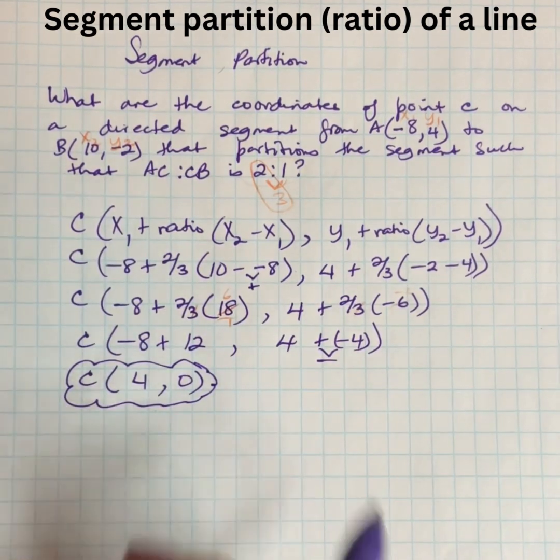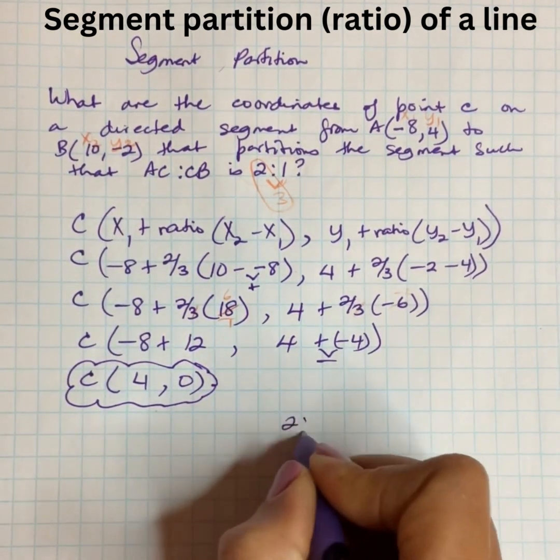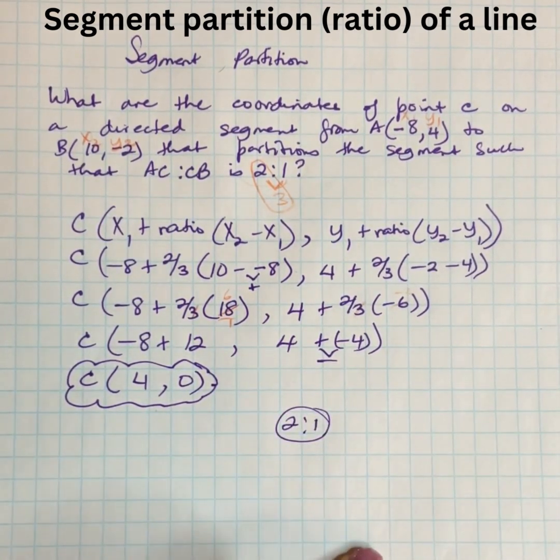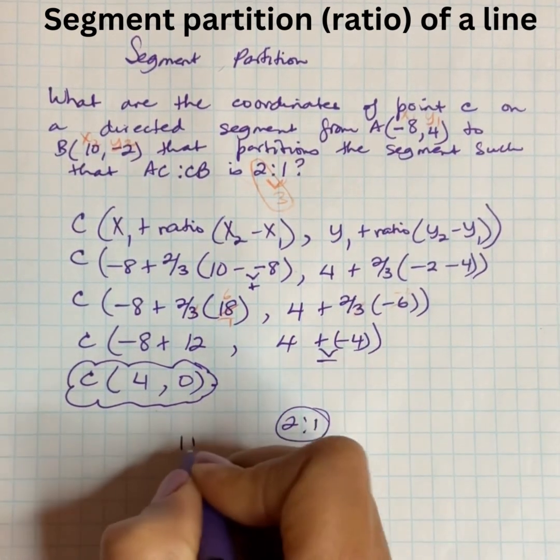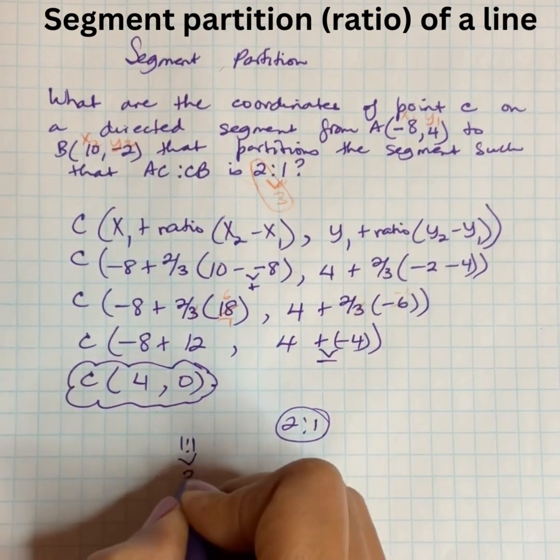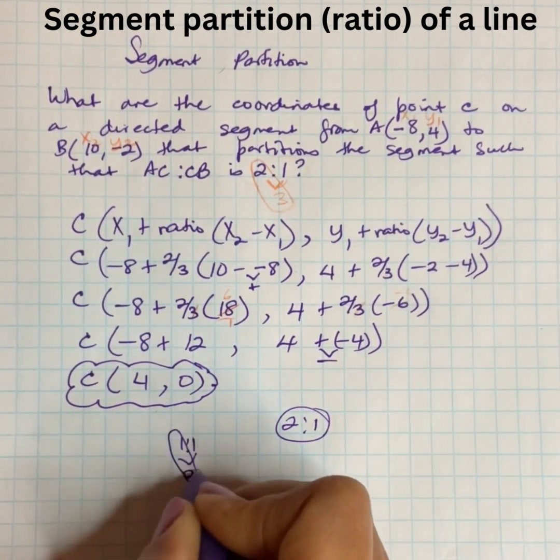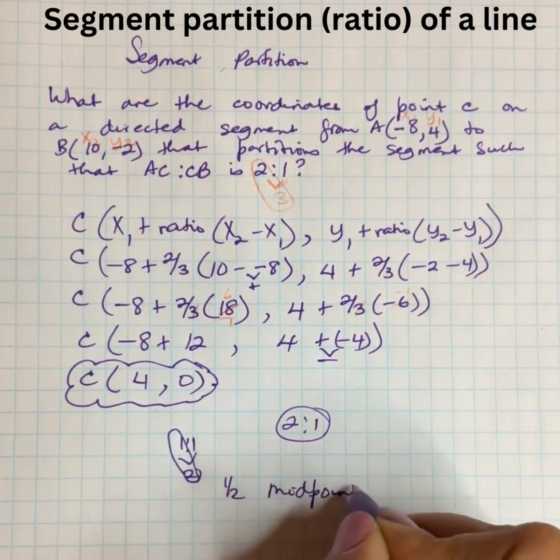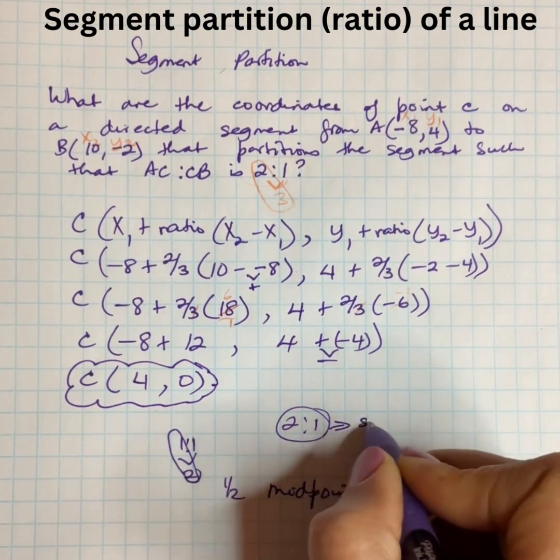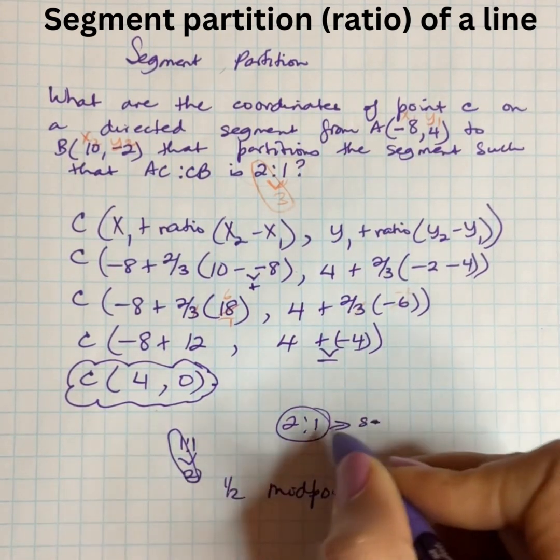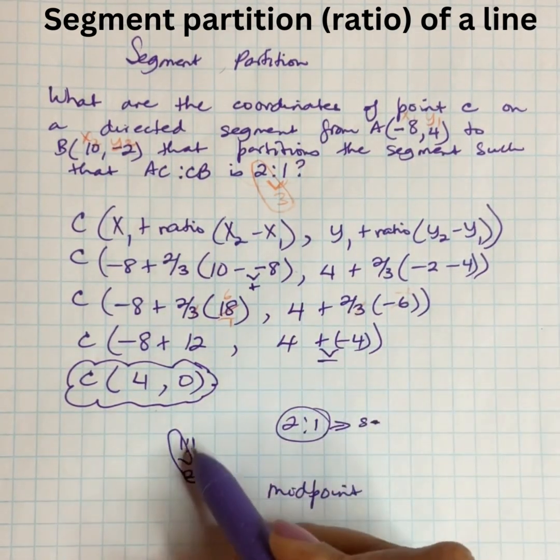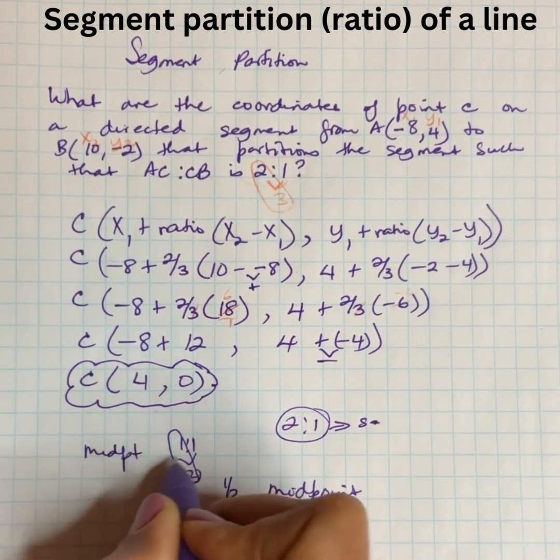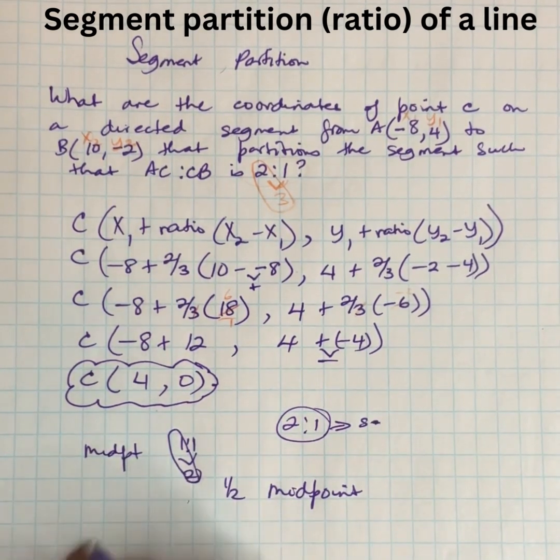All you have to do, instead of a ratio of 2 to 1, is use half, because it will be 1 to 1, and you add these and it will be 2, so you're using the ratio of half for the midpoint. Okay, midpoint. This you use for the segment partition. You use any number. It could be 3 to 2, but for midpoint you use the ratio of 1 to 1. And you plug in the formula the same way.